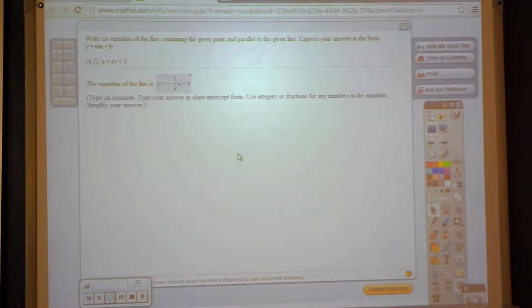And then x plus 4y is equal to 3. Uh-oh. They don't give us a point and a slope. They give us a point and an equation. So what do you have to find? The slope. That's right, because it's the point-slope equation.